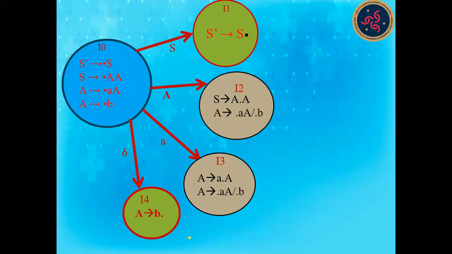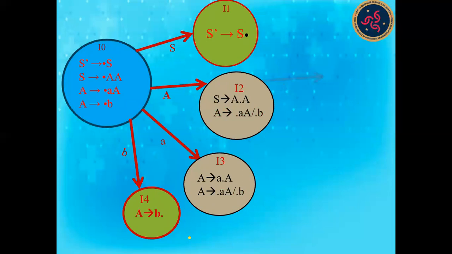Okay. So next is here, these are the I2 and I3. Again we can expand, right? So this point is reached here. At the state I2, when a capital A is scanned, the dot operator can move forward, right?